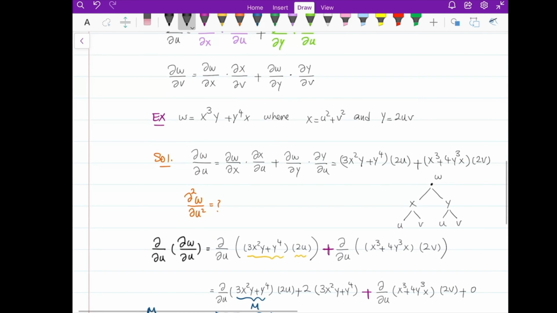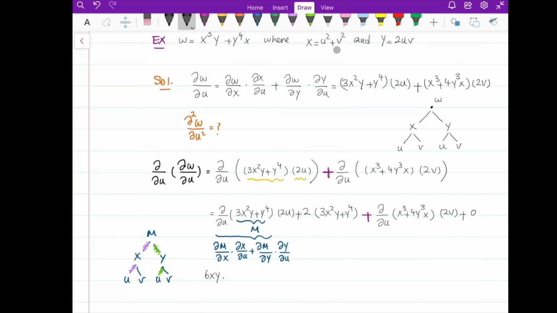What was x actually? X was u squared plus v squared. So derivative of that with respect to u would be just 2u, plus derivative of m with respect to y, which is just 3x squared plus 4y cubed, times derivative of y with respect to u, which is just 2v. Perfect. So these terms in here would be just derivative of the function m with respect to u.